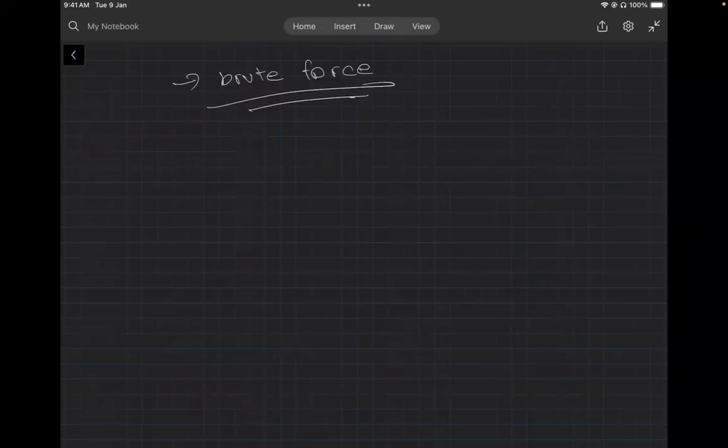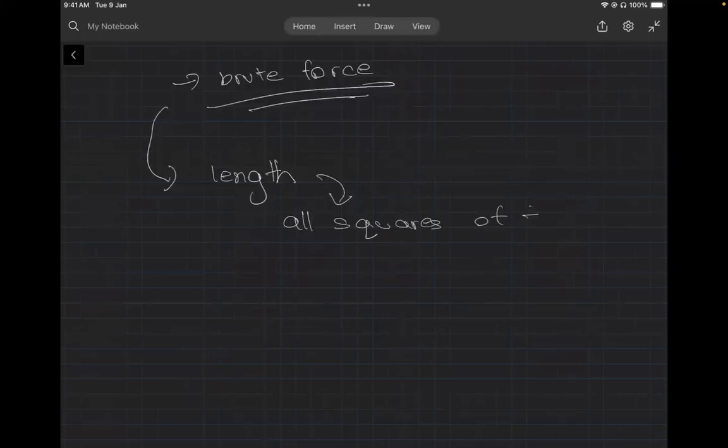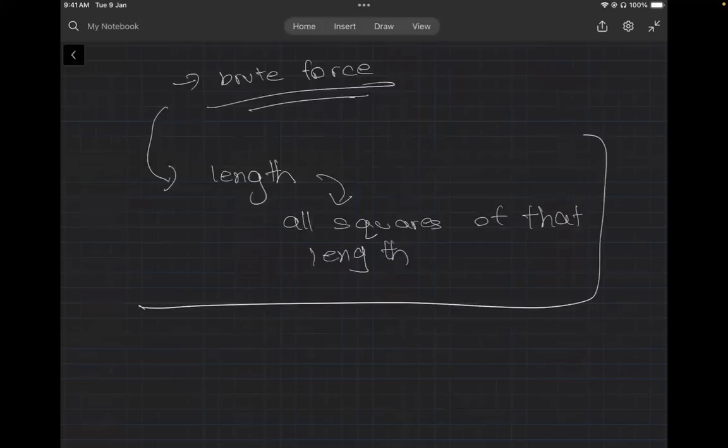For every length, print, what do you need to print? Print all the squares of that length. If you write this much brute force, you will see a pattern.